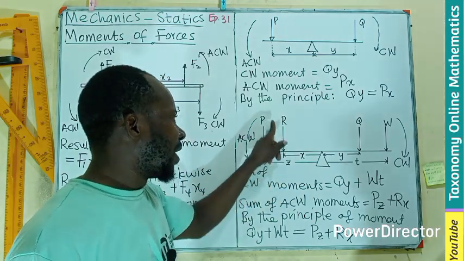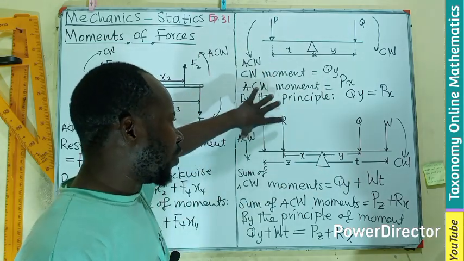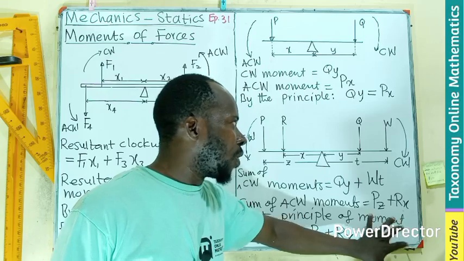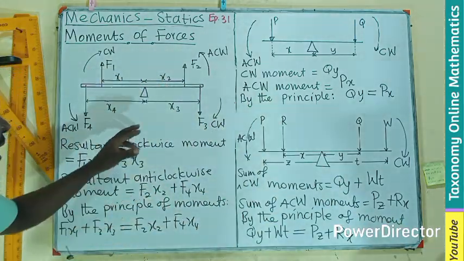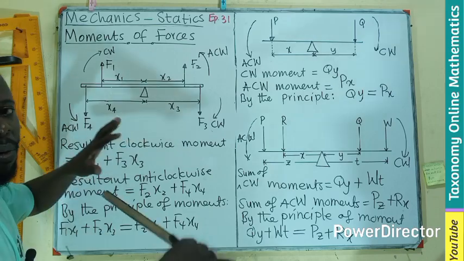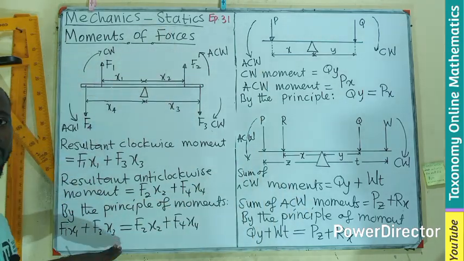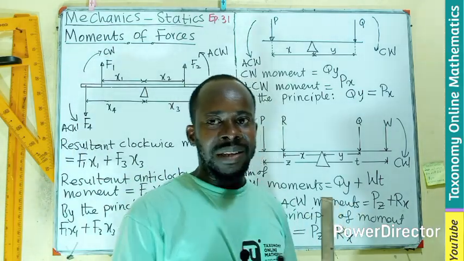So we can see that the clockwise, they are all acting downward. The clockwise is going to be all of them here. The anti-clockwise this way. But in the case that they are in opposite directions, one side downward, upward, this becomes the way we can find the moment about a point as the pivot.